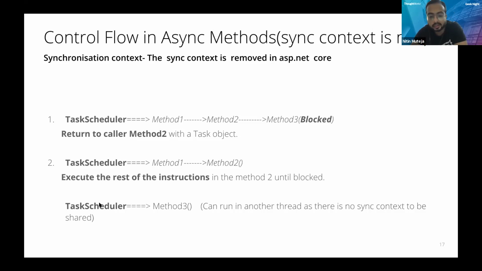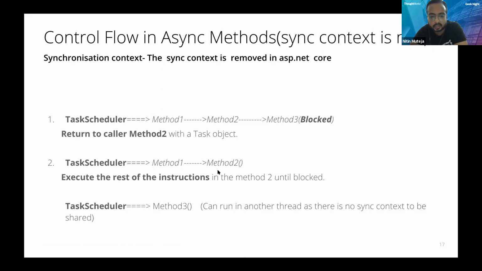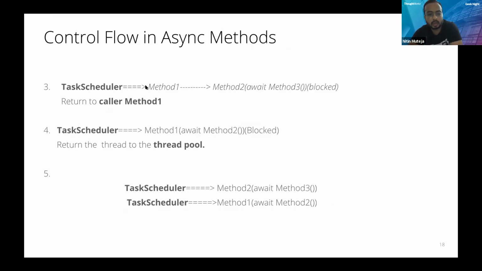My task scheduler can at the same time execute method 3, because there is no synchronization context available that needs to block the task scheduler from executing method 3 in parallel. So the task scheduler can execute method 3 at the same time. Now let's say method 1 is awaiting method 2, and method 2 was blocked due to method 3. So control has returned back to method 1.